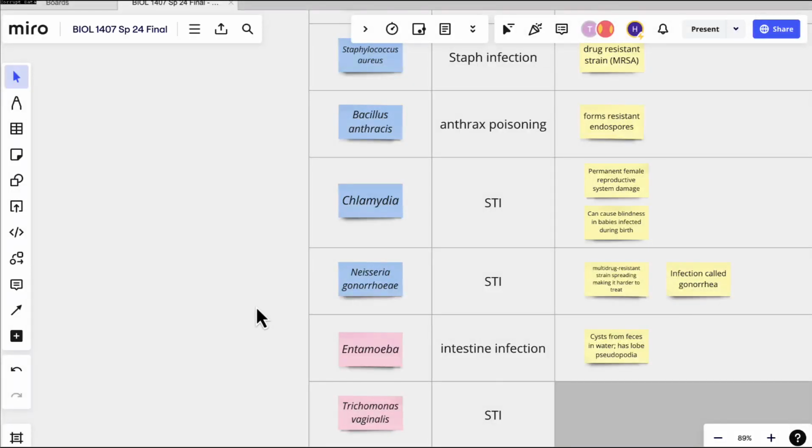I made a little mistake in this part in the original table, so I'm going to fix it here. Gonorrhea is just the infection caused by the bacterium Neisseria gonorrhoeae. You can see that last part of the species name matches gonorrhea. I had originally that gonorrhea was the genus, but that's not correct. It is an STI, and there are multi-drug resistant strains spreading, which means they're not able to be treated by many or any drugs.